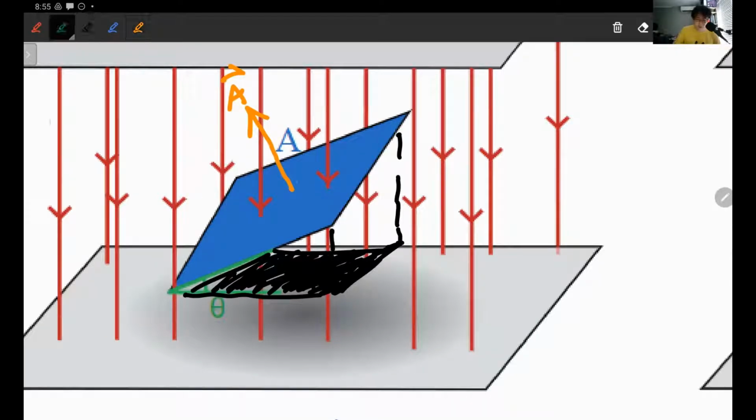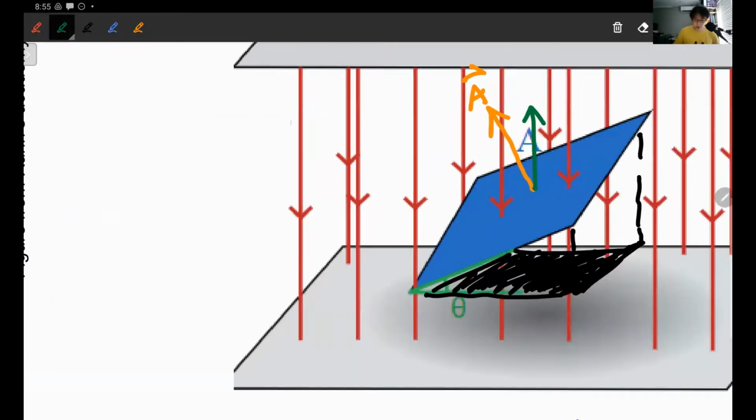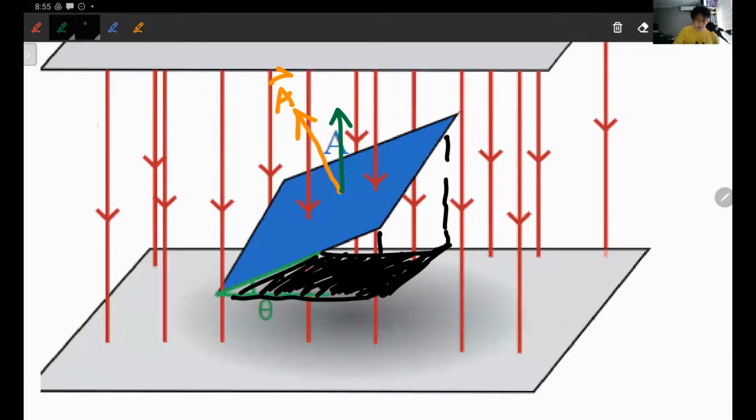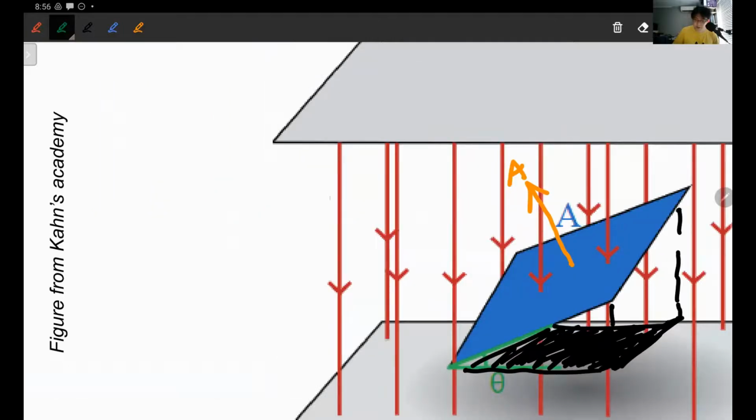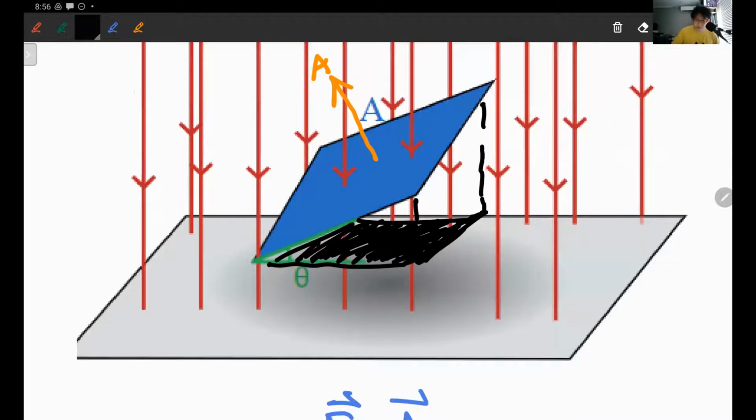You can always break this into two components. No big deal. Just to be clear, let me use a different color. Give me one second here. So I can break this into two components. There you go, the green component and the black component.